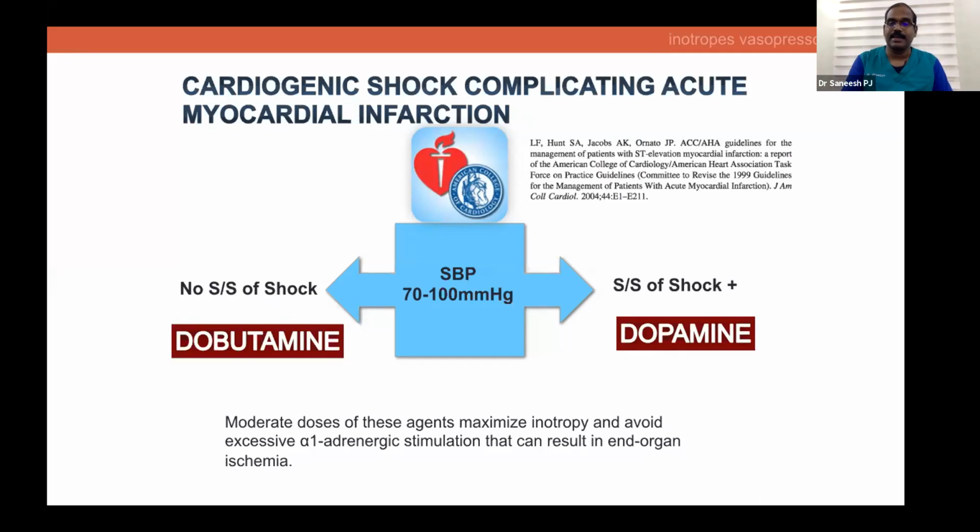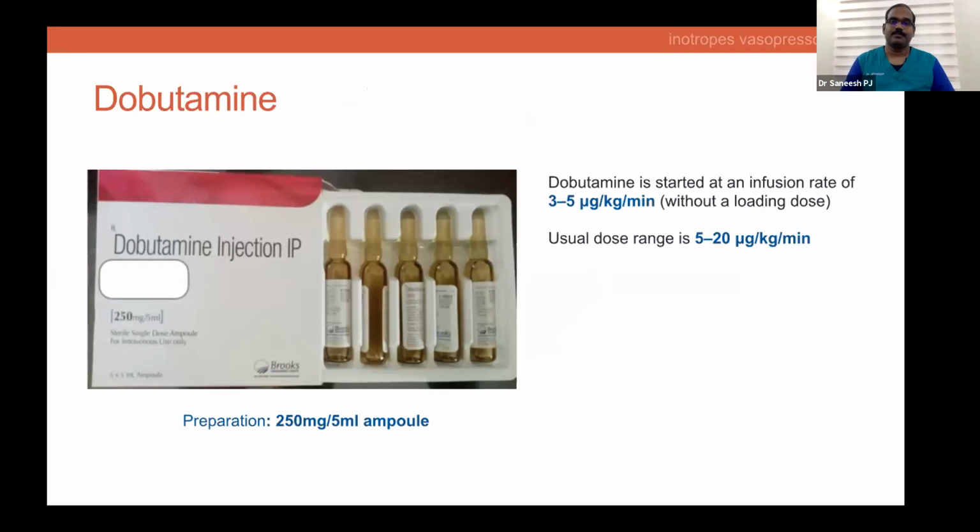You know the previous diagram, these are actually up and down in the positive inotropic axis. So moderate doses of these agents maximize inotropy and avoid excessive alpha-1 adrenergic stimulation that can result in end-organ ischemia. So these are the scenarios where, when we are given two similar choices, you decide based on the evidence.